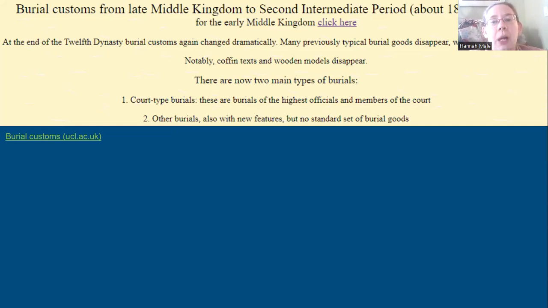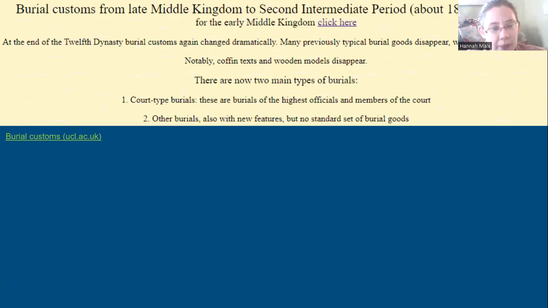So wooden models are basically in miniature model form. The stuff that was once on tomb walls is now in the form of these wooden models.